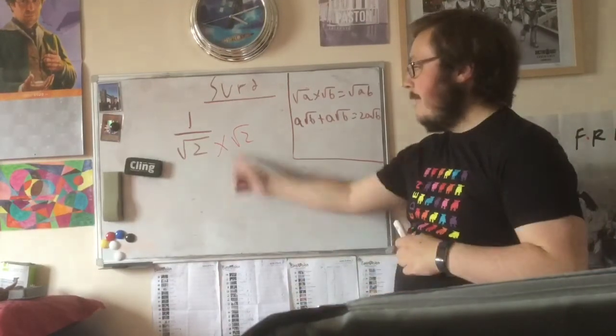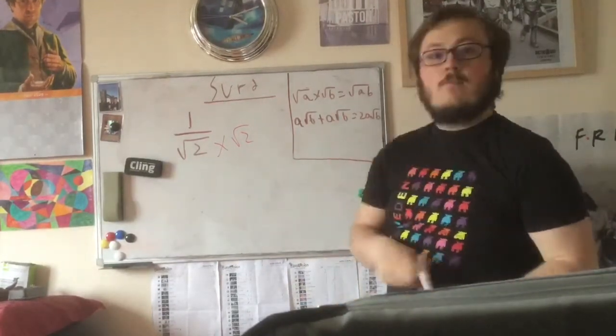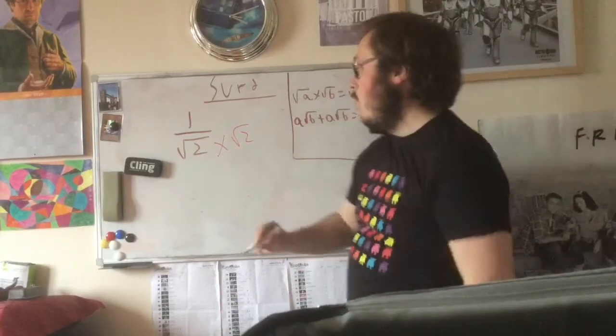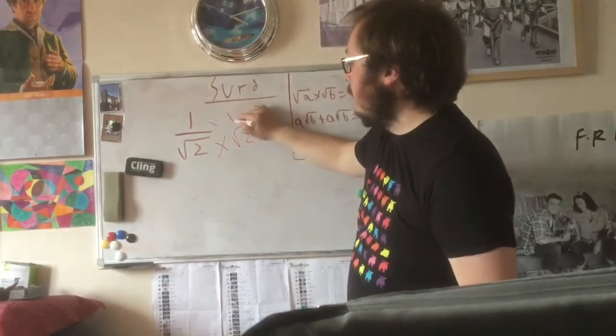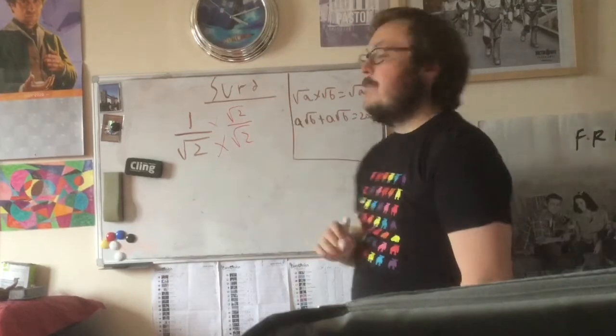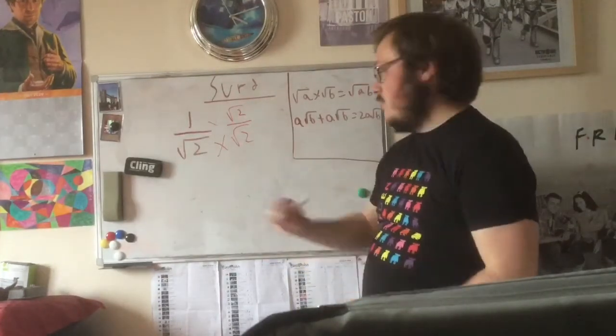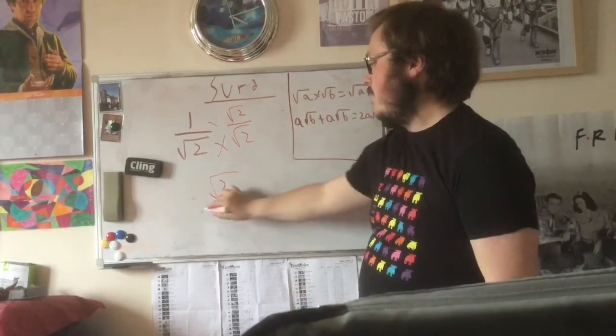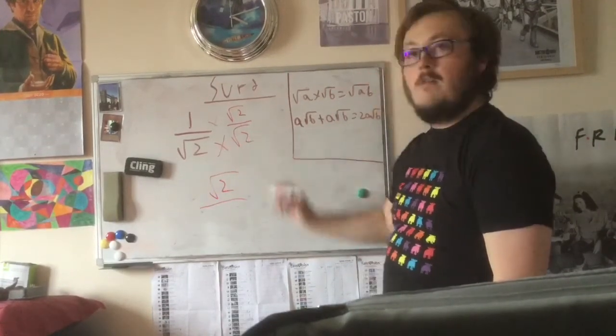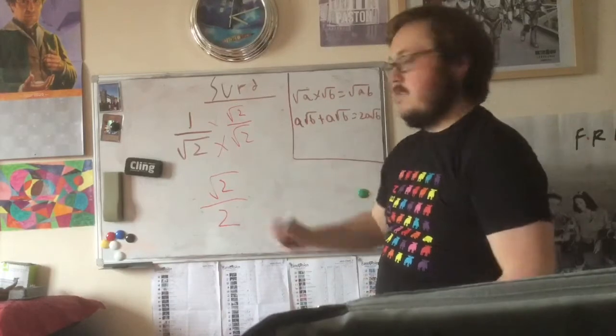However, if we're multiplying the bottom number by a root, we have to multiply our top number by the same thing. So 1 multiplied by root 2 becomes root 2, and root 2 multiplied by root 2 becomes 2.